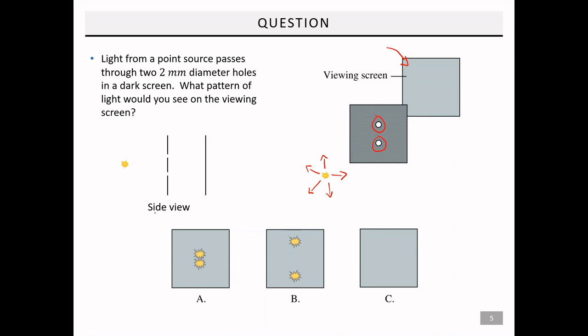On the left, I have a side view of this situation pictured. So here you have a point source that's emitting light in all directions. Some of that light is going to pass through the holes in the dark screen, and it's going to appear on the viewing screen in the back. What pattern do you see?